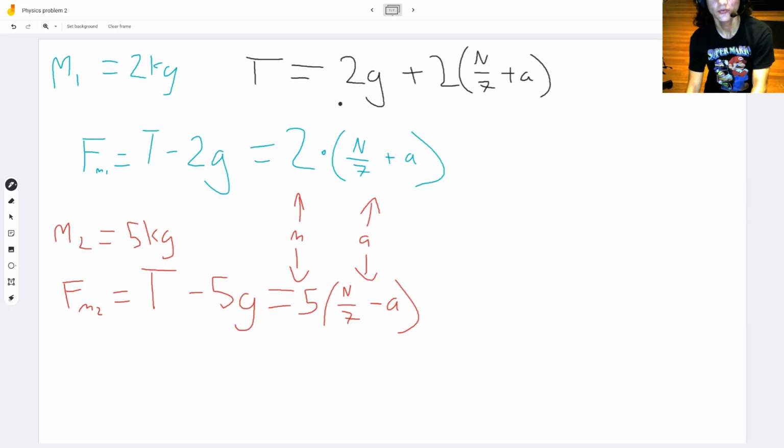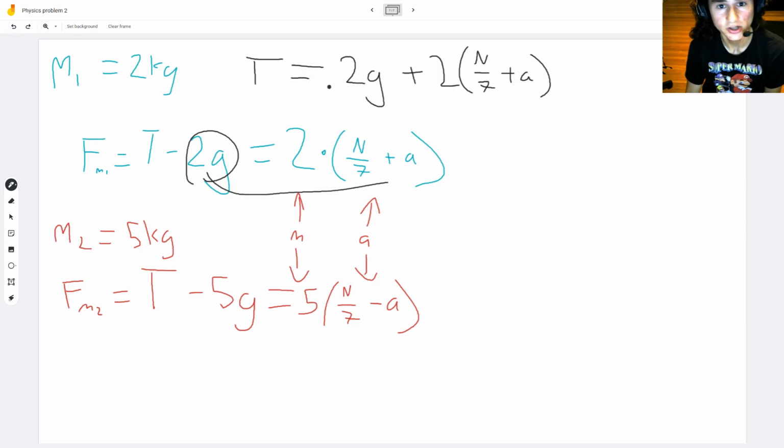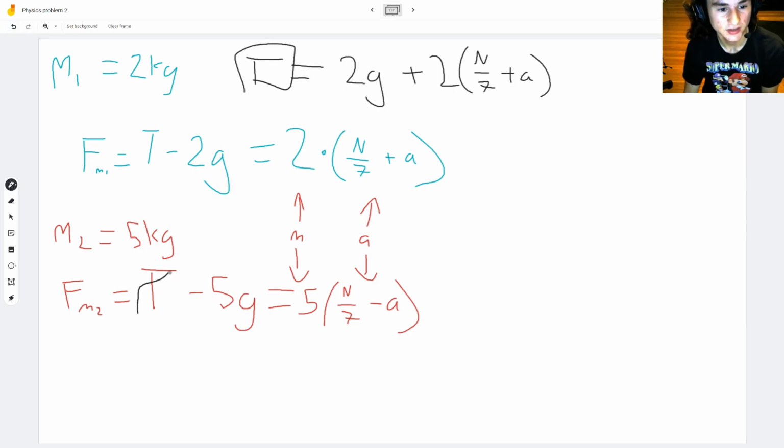So now, if we take this, which I've just gotten from taking this 2g and putting it on that side of the equation, if we take this t and fill it in for the t in our second equation, then what we can do is solve for the value of a.